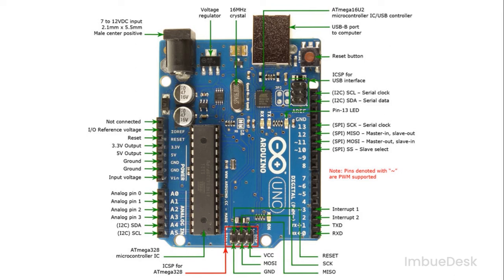Then you can see two slots called SCL, the serial clock, and SDA, the serial data, which are used when we want to transmit data using the I2C, that is Inter-Integrated Circuit Protocol, which is one of the protocols used to transfer data.